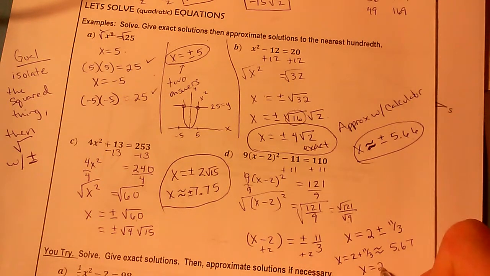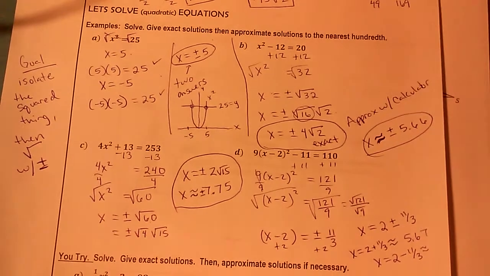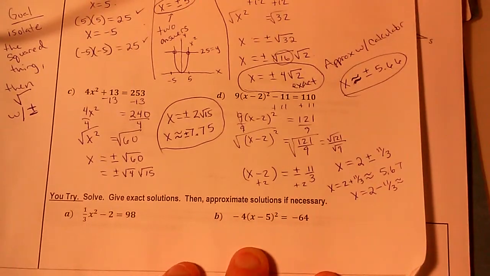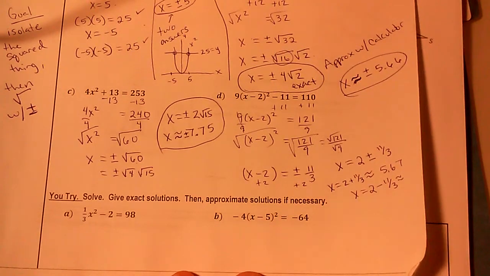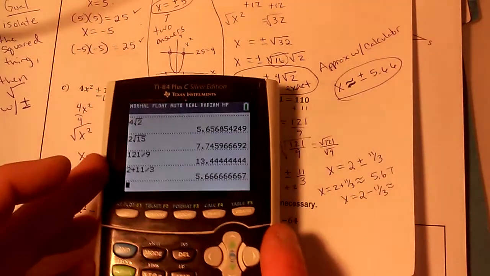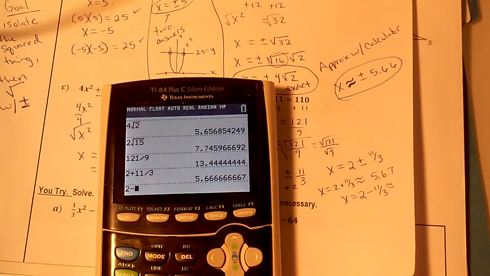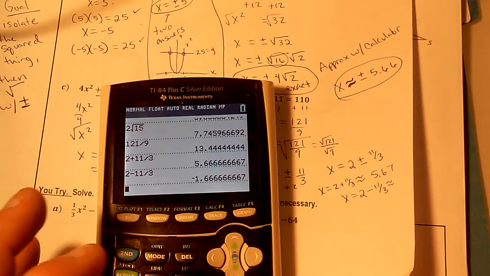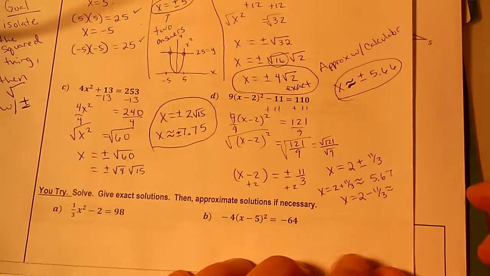And then x equals 2, remember, because I had the minus as well, minus 11 thirds. And that is approximately, slide this up again. All right, 2 minus 11 thirds. Let's go back to my calculator. 2 minus 11 thirds. Negative 1.67.